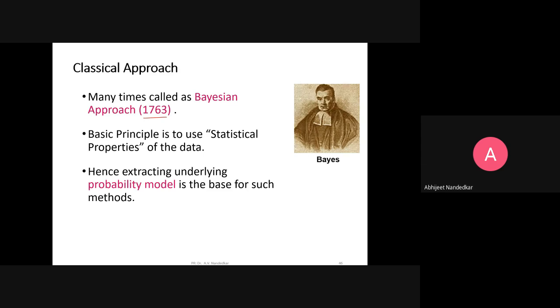The basic principle used was the statistical property of data. So the classical approach is basically this. It uses the statistical property of data. Hence, extracting the underlying probability model is the base for such methods.